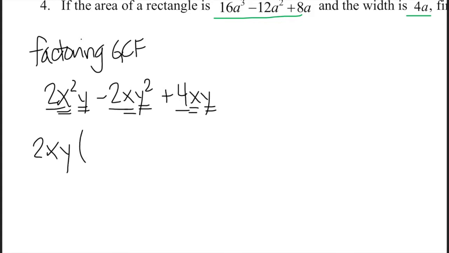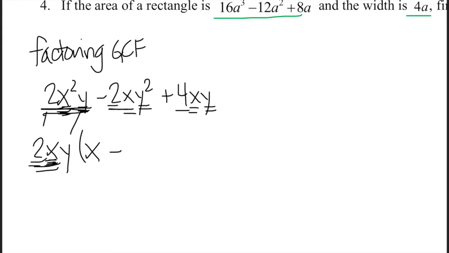Now what I have to do is decide, when I factor that out, what would I multiply it by in order to get back to the original problem? 2xy, what would I multiply that by in order to get 2x squared y? The 2's already there, the y's already there, but I'm missing an x. I have 1, I need 2. All right, minus, look at the second term.